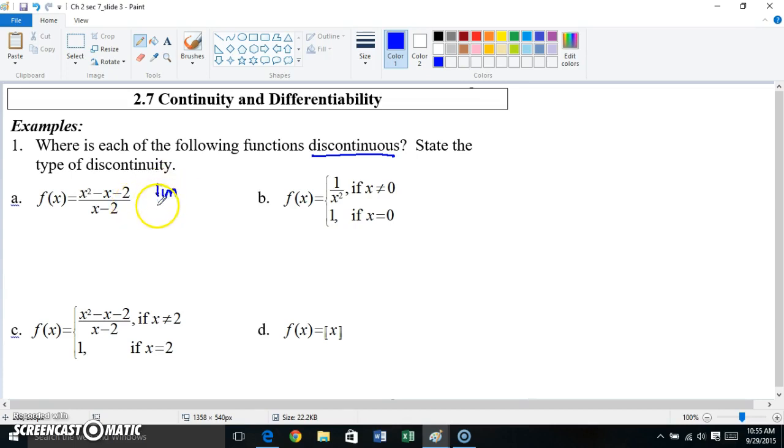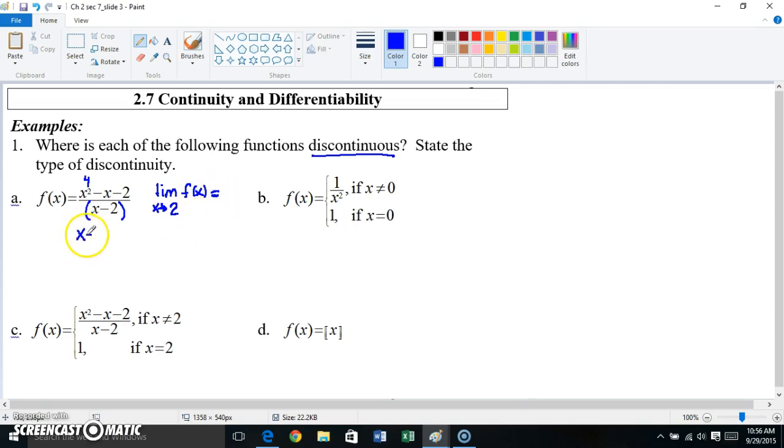Where do you think we're going to be taking a look at the limit of this function? What causes an issue in the denominator? How about we approach 2? If I let x be 2, I'm going to get 4 minus 2 minus 2. That's a 0 over 0. And so this function must have a hole in it.